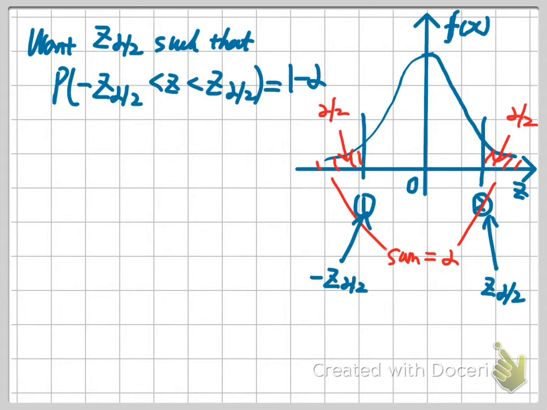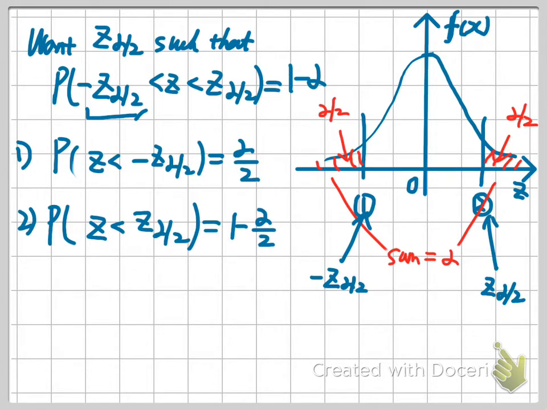Or we try to find the value of the left endpoint and then imply the right endpoint. So here, there are two ways. The first is we try to find this one. So we have these two equations to find the values. The first will give us the value of the left endpoint and the second will give us the value of the right endpoint.